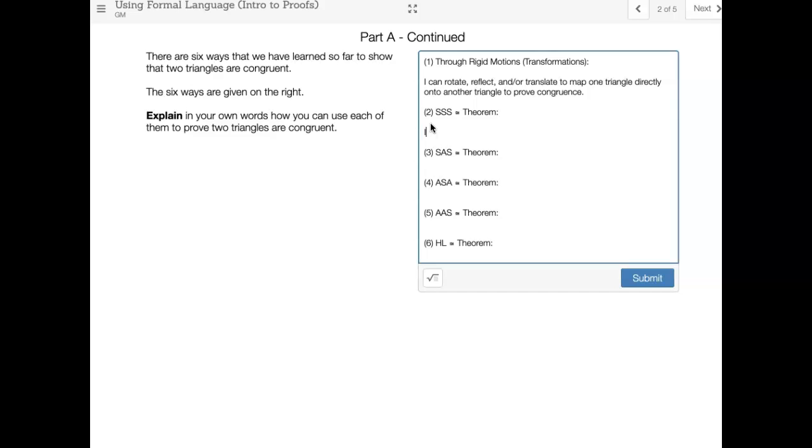It says if all 3 sides of one triangle, after this one we can copy and paste and edit for the other ones.